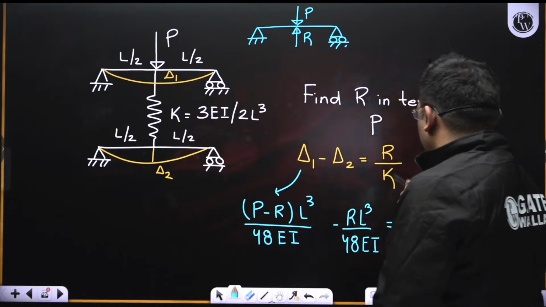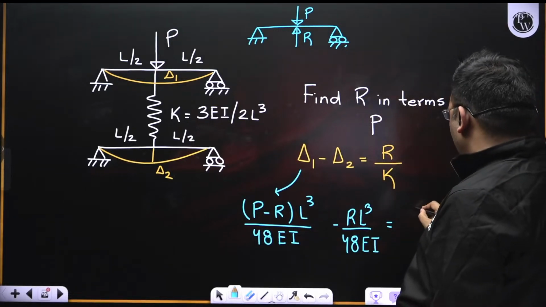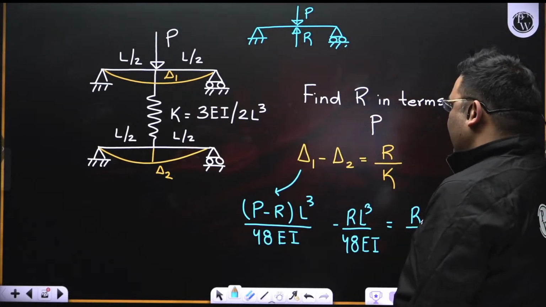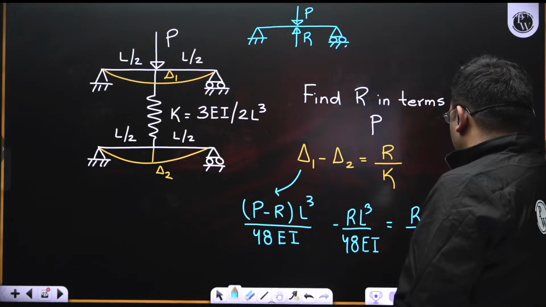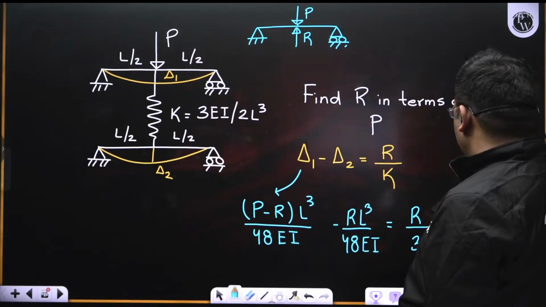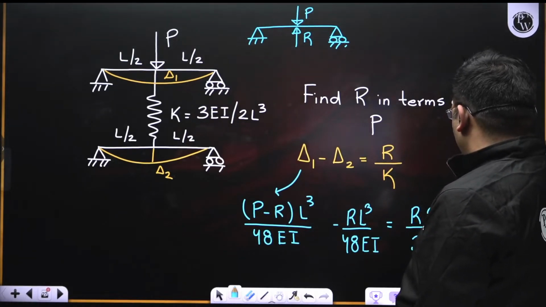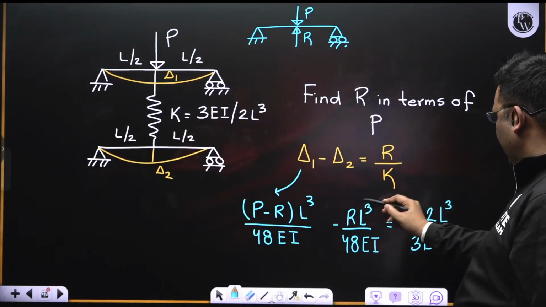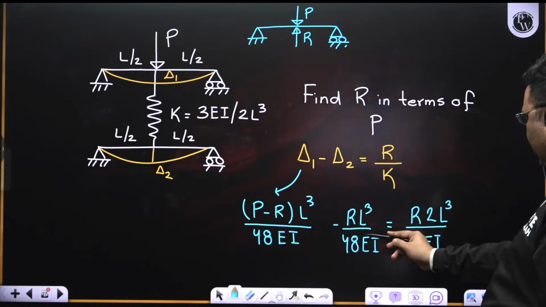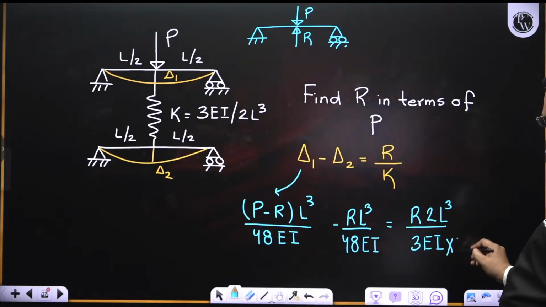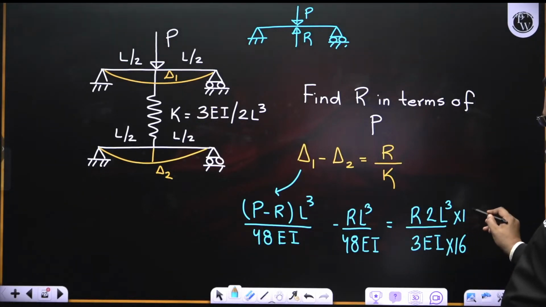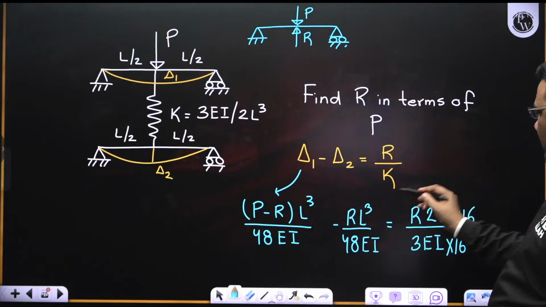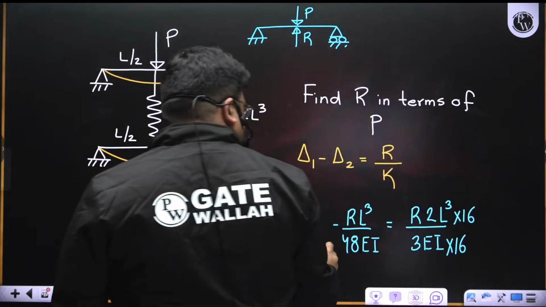And then this is R by K. So K is 3EI by 2L³, right? Now I can take this side. I need to make it 48, so I'll multiply by 16 here. Then I simplify this.